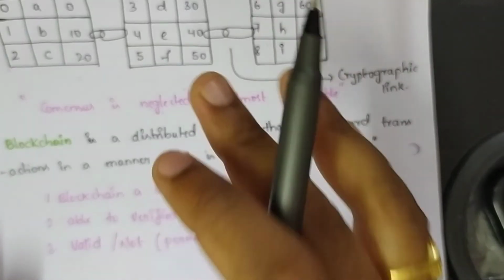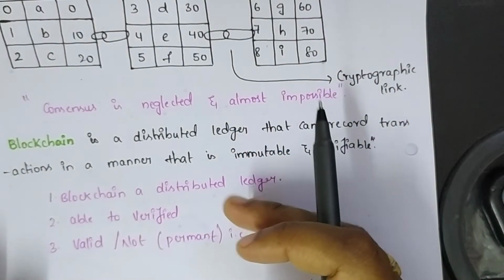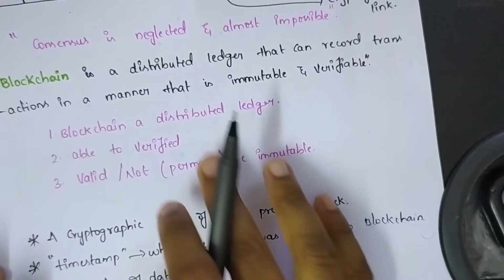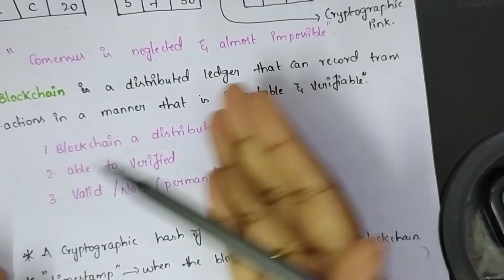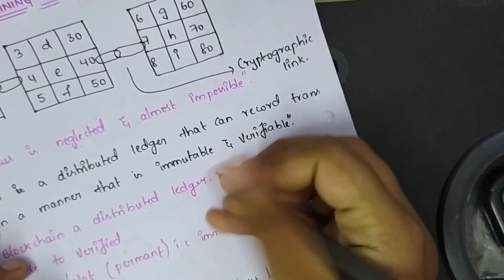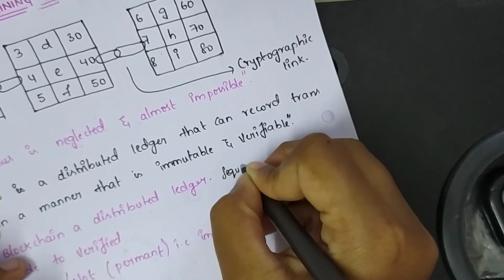Now let us break down this definition into some components. So blockchain is a distributed ledger, right? A ledger can be considered to be any sequence of records. Ledger is a sequence of records.